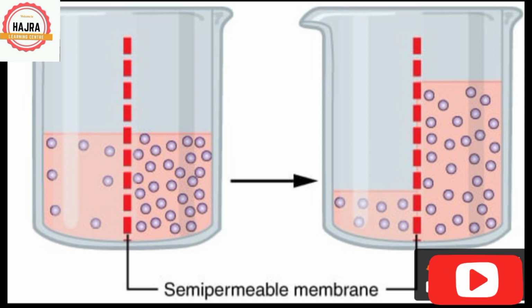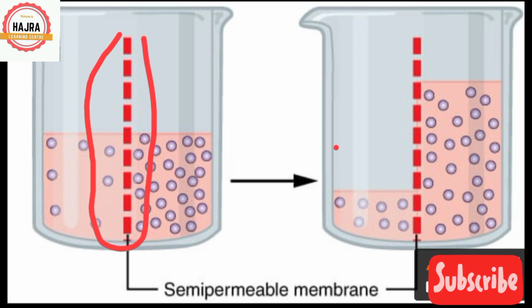Osmosis is the diffusion of water across a selectively permeable membrane from an area of higher concentration to an area of lower concentration. So osmosis is the process in which water moves from the area of higher concentration to the area of lower concentration through a selectively permeable membrane.